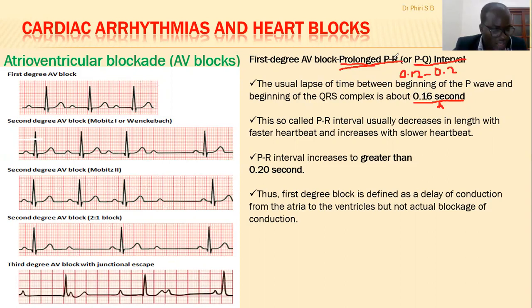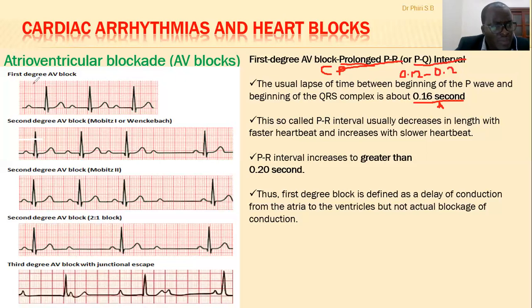Here you have consistently prolonged. Mark the word consistently prolonged, meaning that this prolongation of the PR interval should always be the same in terms of the time or the duration.